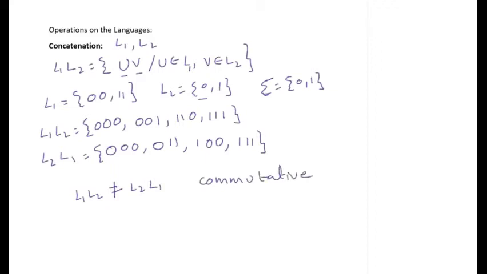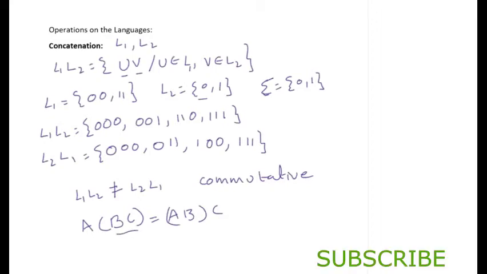But whereas concatenation is associative, that means I can write it as (AB)C is equal to A(BC). That means concatenation of BC should be done first, then concatenated with A. And then AB are concatenated, then AB is concatenated with C. Both will have the same set of strings so that it is associative.